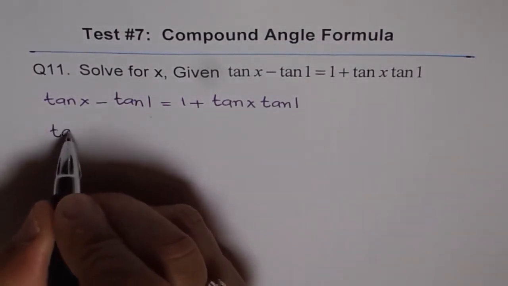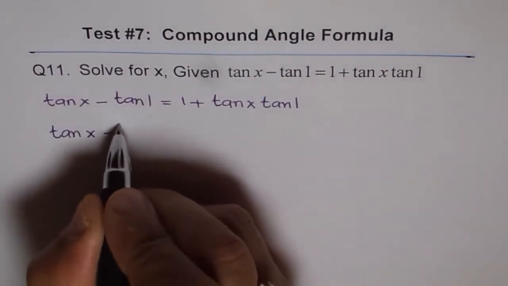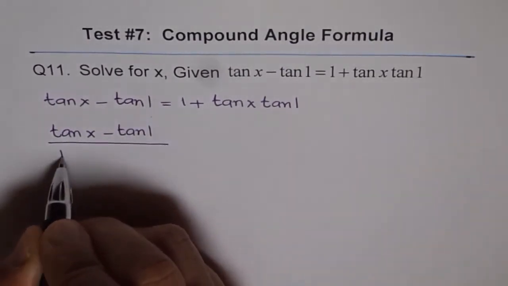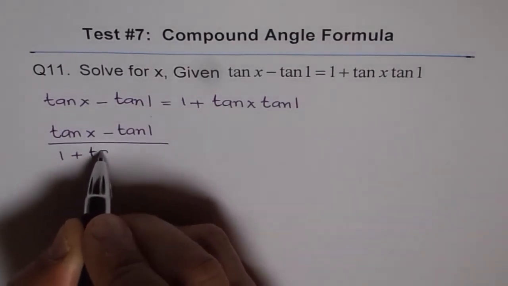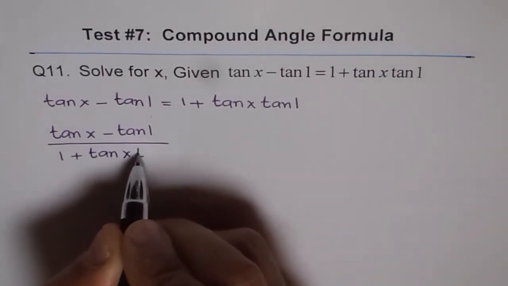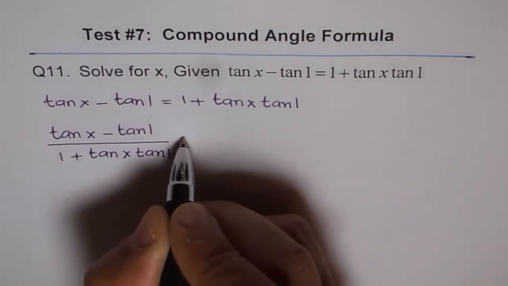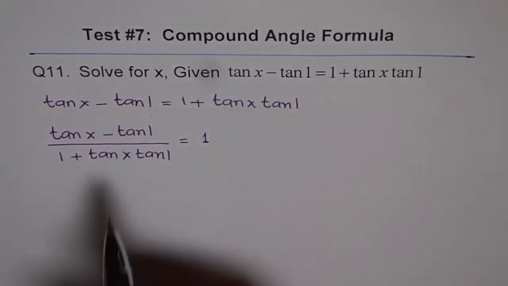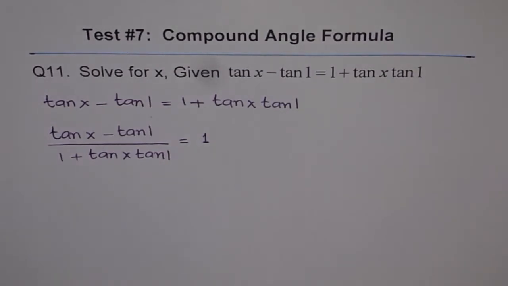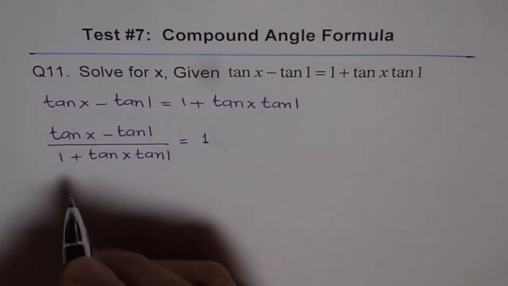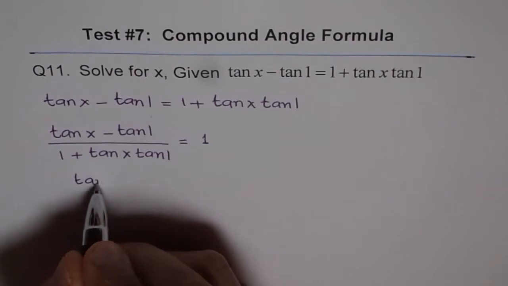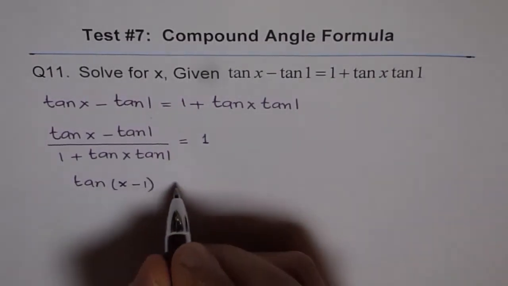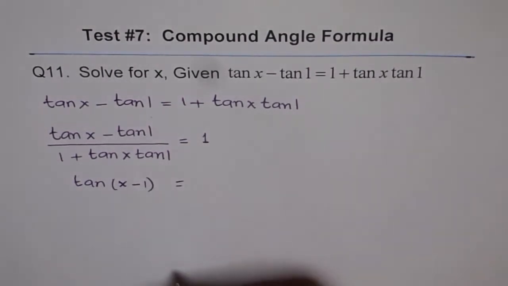We get tan x minus tan 1 divided by 1 plus tan x tan 1, correct? And on the right side we get just 1. The left side is a familiar compound angle formula for tan, which is tan of x minus 1, correct?